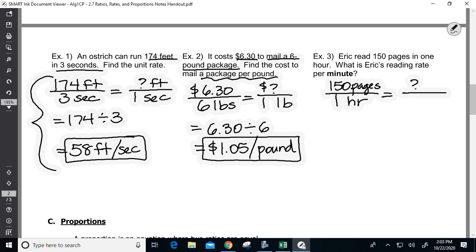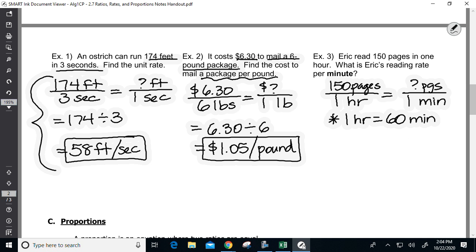I want to know how many pages he can read in 1 minute. You're going to divide by 60. Now, where did you get 60 from? You are correct. Because 60 minutes is an hour. So 1 hour is the same thing as 60 minutes.